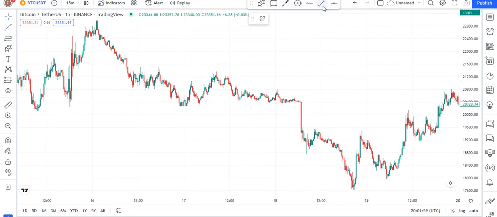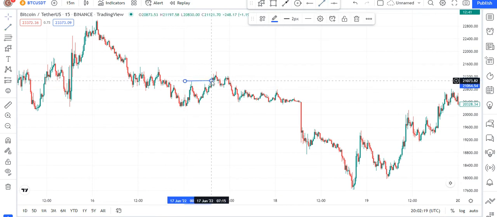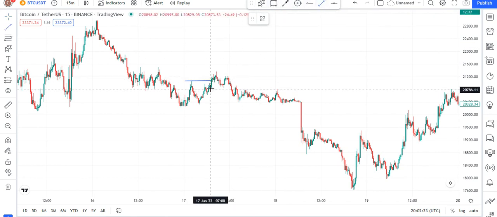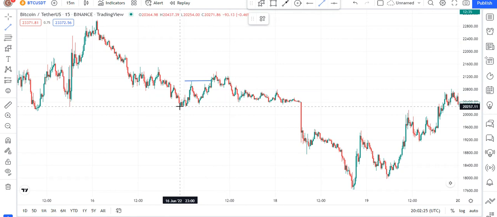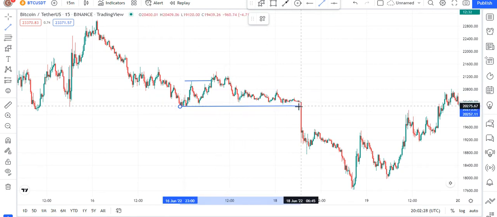Price starts going down, and then in this case here, we have price making a higher high here, but it still goes ahead to make a lower low and continue the downtrend.